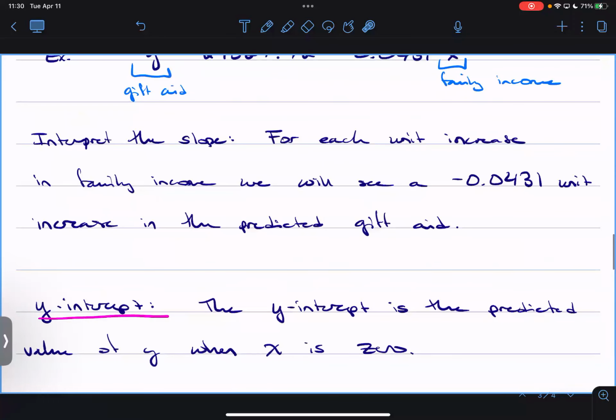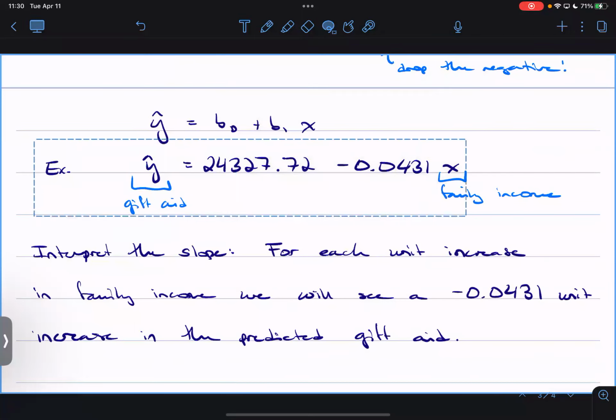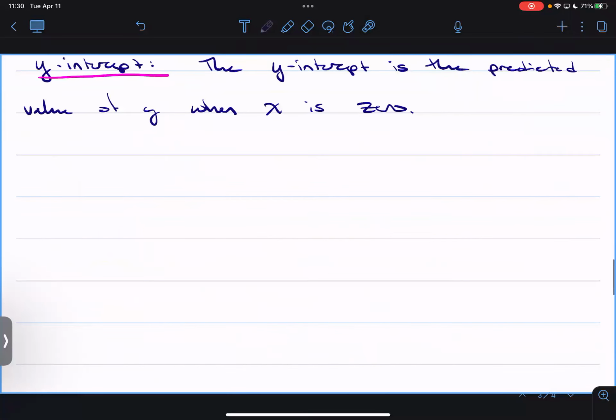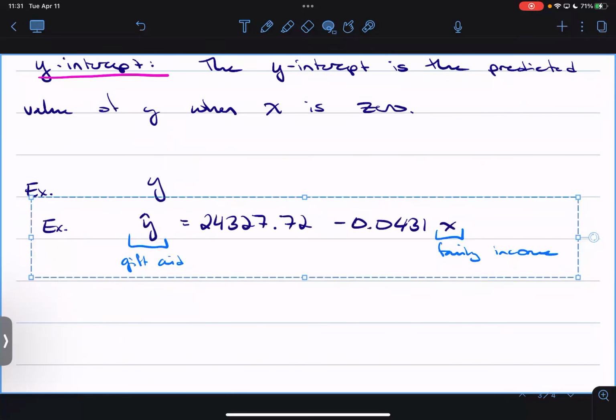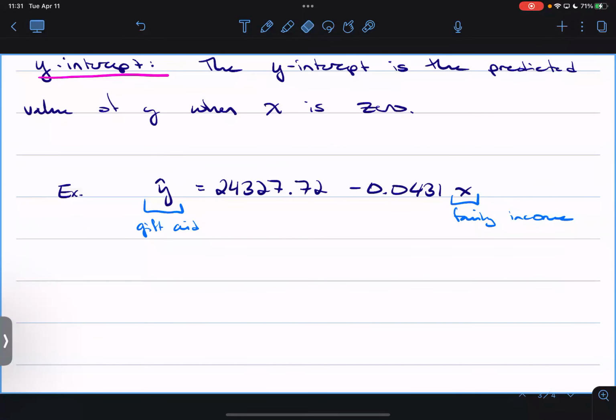Yeah. And so here, if we want to interpret the intercept. So for example, and maybe I already had an example. I did. So I don't need two examples.